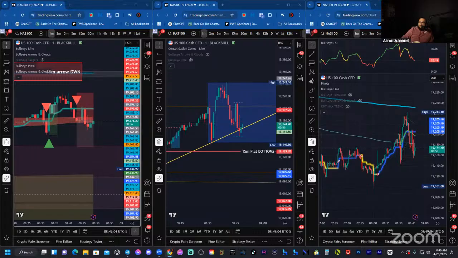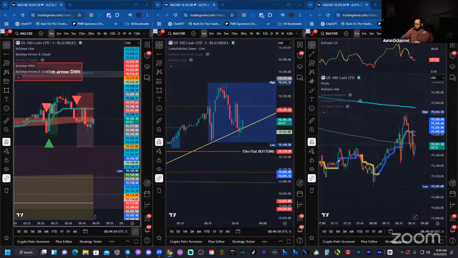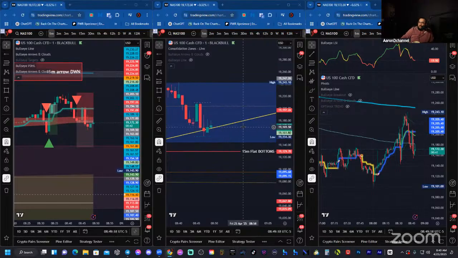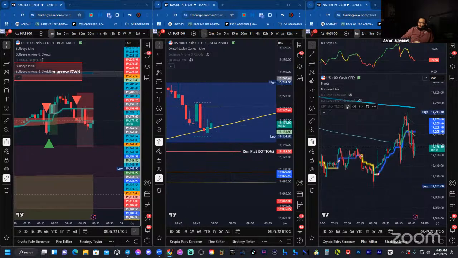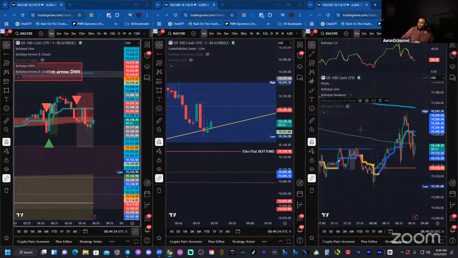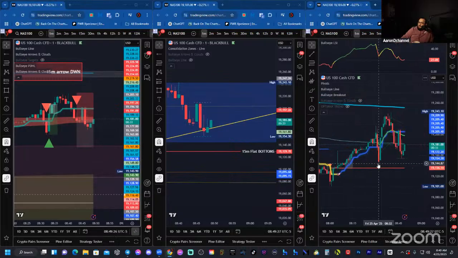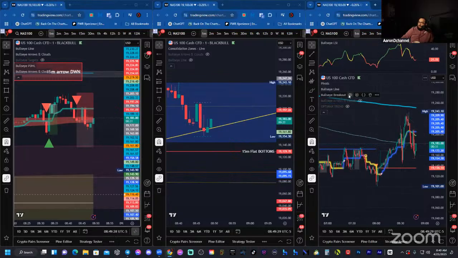We shall see. Still waiting, still waiting. All right, so we've officially entered into a 1 minute consolidation phase. Still no reason to enter yet on the buy side.